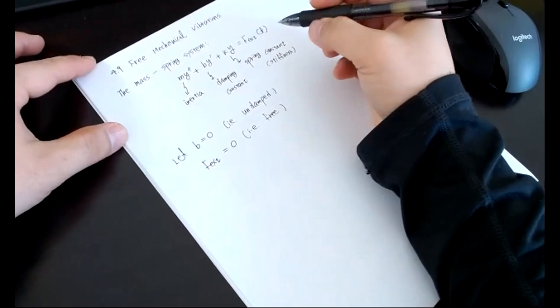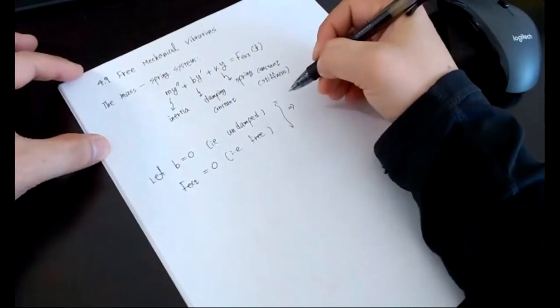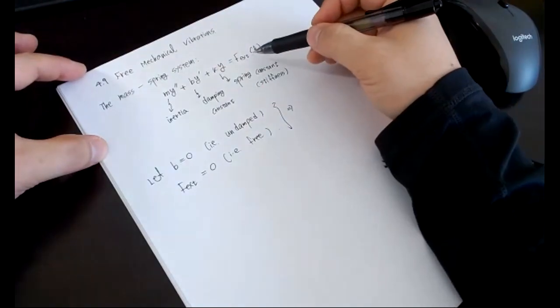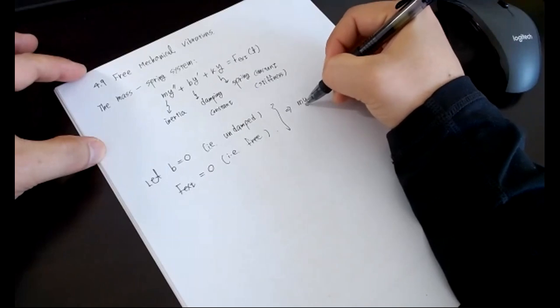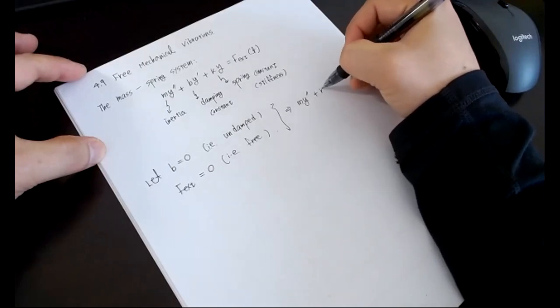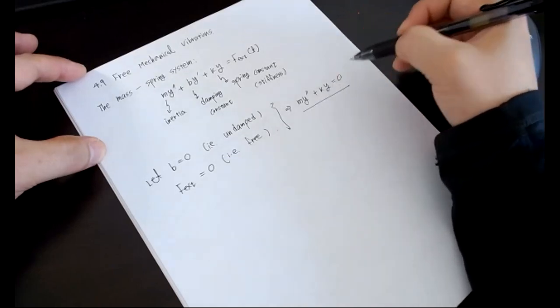Then the mass spring system is just my double prime plus ky equals 0.